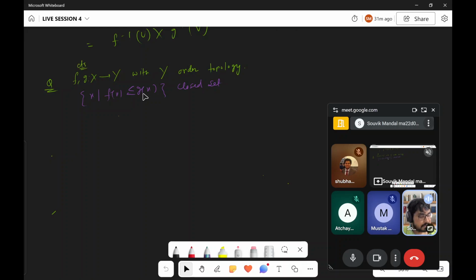Now an interesting exercise using this gluing lemma is the following. Suppose H is a map from X to Y such that H(x) equals the minimum of F(x) and G(x).